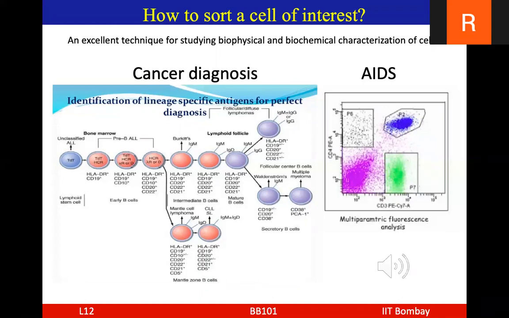Similarly, take cancer. All of you know that this originates from our own body. Our own normal cells become transformed at some point in life and they become cancer. So how do you differentiate between a normal cell and a transformed or malignant cell?